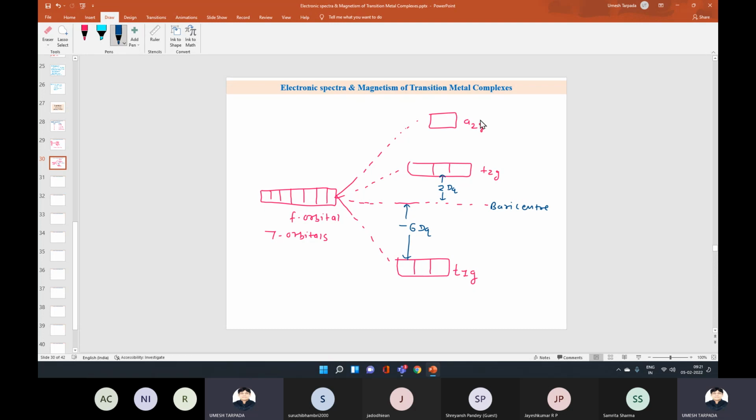And the energy difference between these two is 10 dq. So if you know very well, these are the energy differences in an octahedral field, in a weak octahedral field.